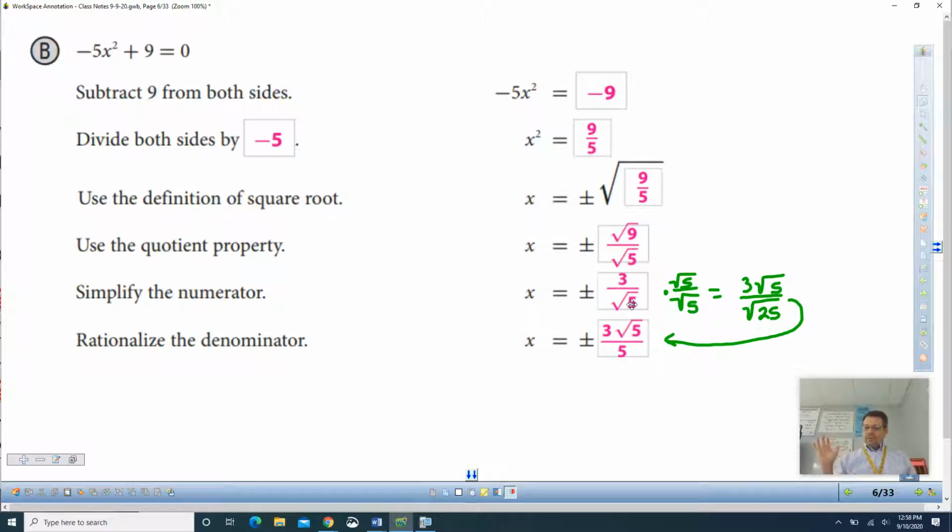We're not allowed to leave a square root in the denominator, so we had to rationalize it. This is what's called rationalizing: whatever's in the denominator, top times top, bottom times bottom, and then the square root of 25 turns into plain old 5. So we got the square root out. It made it a lot messier, really, but that's what we had to do. Collateral damage, sorry.